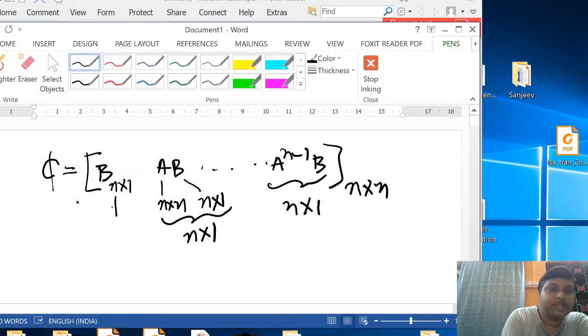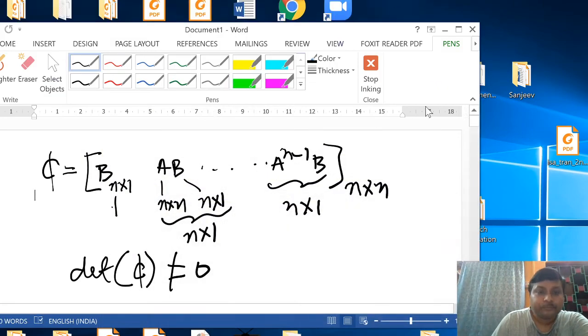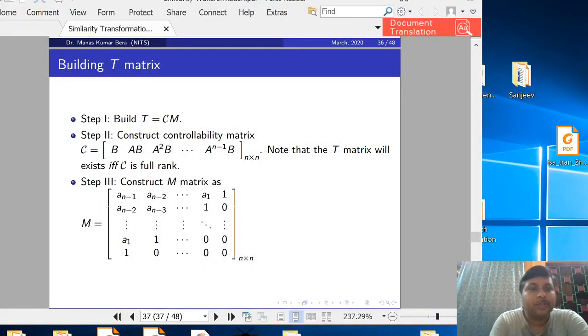So how will you check whether it is full rank or not? The determinant of C, the controllability matrix, should not be equal to 0, then only it will be full rank. Okay, so this will be the C matrix, and then you see T.